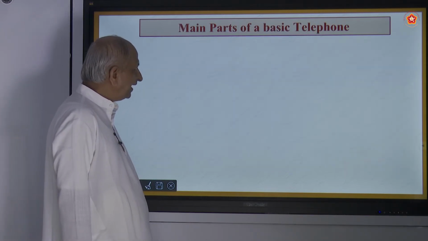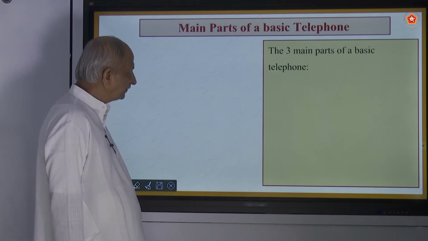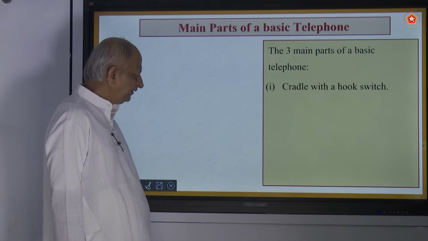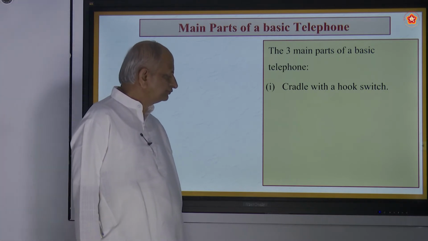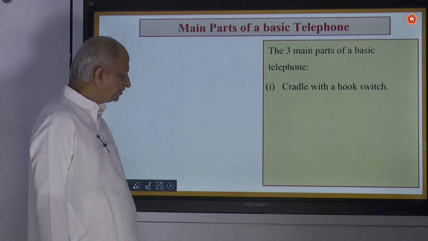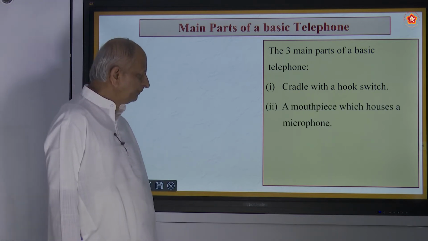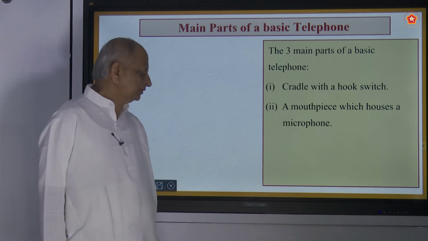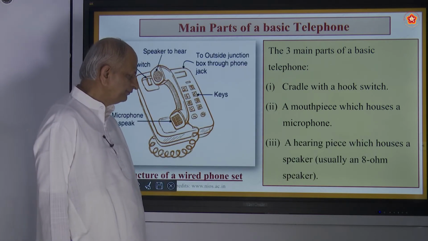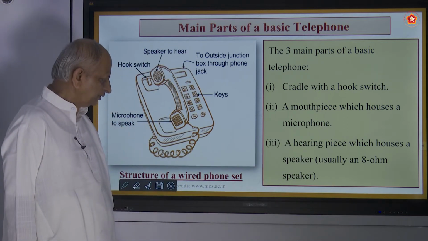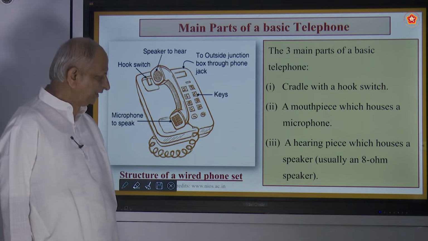Now what are the main parts of a basic telephone? There are three main parts. One is the hook, also called the switch, the cradle with a hook switch. Second is the mouthpiece, which houses a microphone. And third is the hearing piece, which houses a speaker, usually an 8 ohm speaker.